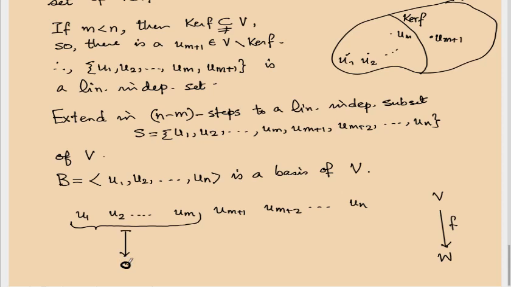Okay? And this is going to some vector, say v1. This is going to some vector, say v2, and this is going to some vector, up to v n minus m, right? Are they linearly independent?